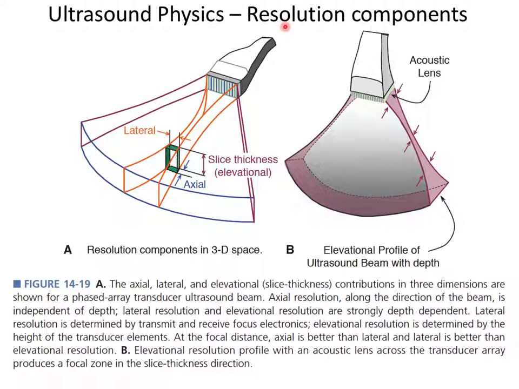The electronics is coming back here. Again, this is my slice thickness determined by the height of the transducer. The axial resolution is the depth resolution, and the lateral resolution is this resolution. So as my focal point goes down, this lateral resolution gets better, right, at a depth distance.